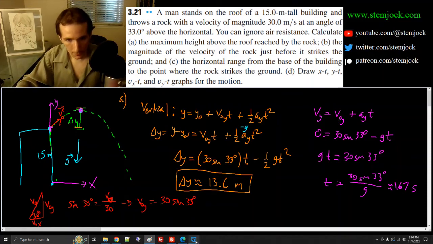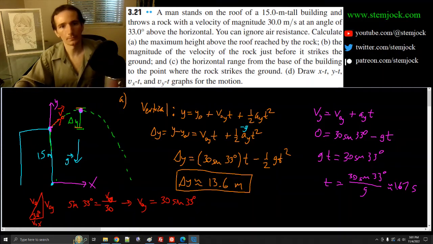All right, let's see what's next. Part B, the magnitude of the velocity of the rock just before it strikes the ground. Okay.